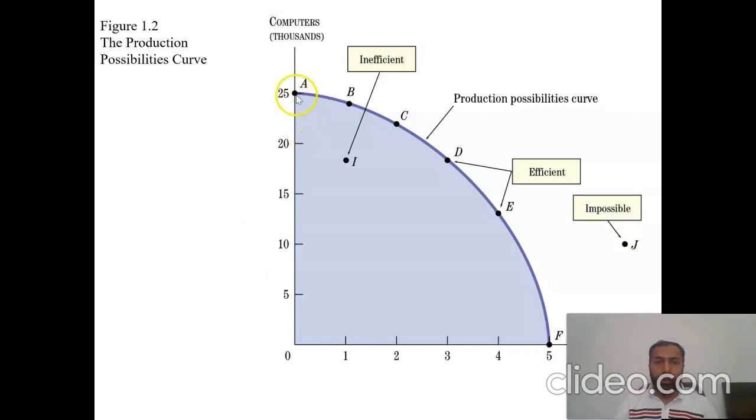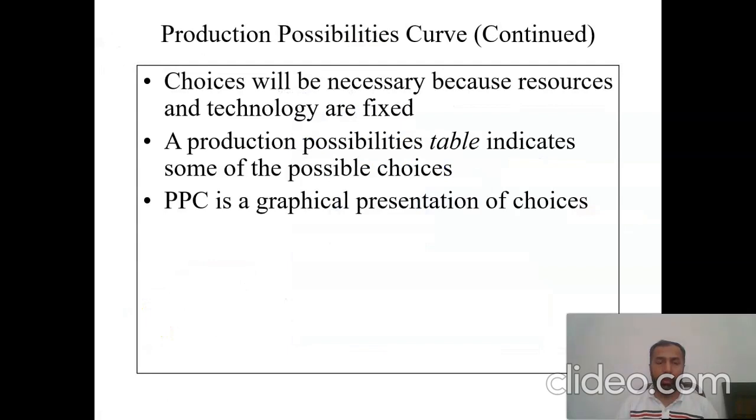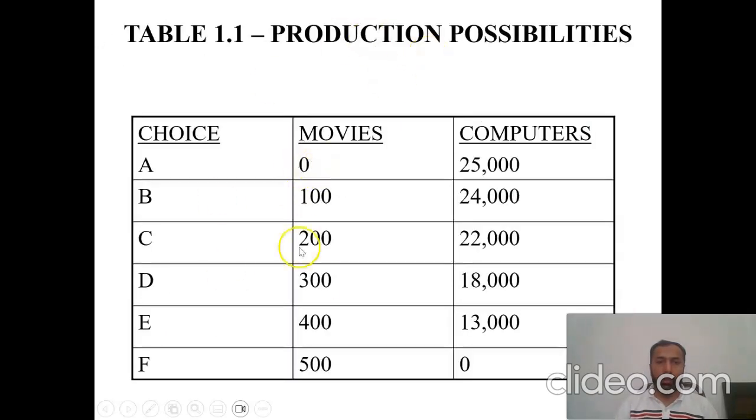In choice A, we could produce 25,000 computers, but in that case, we were able to produce 0 movies. And you can see this from the table as well. That graph is made from this table, that when we produce 0 movies, we have the production of 25,000 computers.